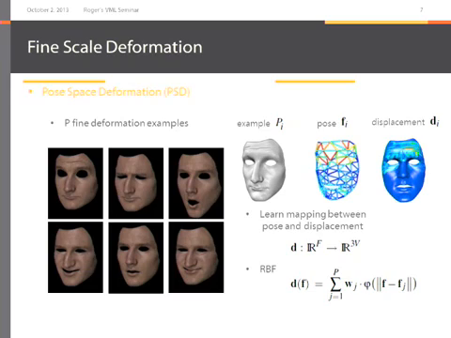So what they do is train RBF functions on this. I think more or less everybody is familiar with RBF. So it's just interpolation. First we need to estimate these weights, and then once the weights are learned, we can estimate the displacement for any new pose.